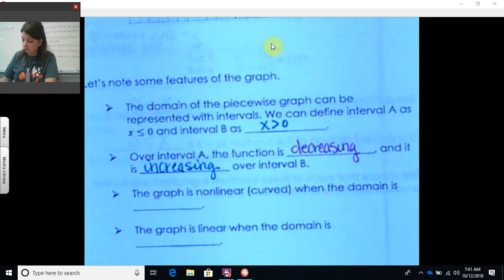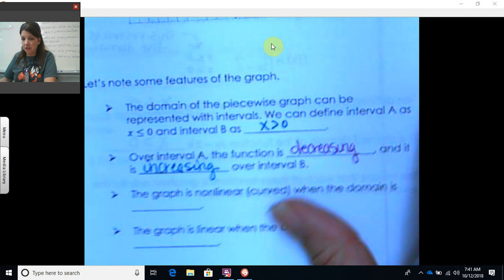Now these next two, you're like, I feel like we've already answered this 10 times, and we kind of have, maybe not 10. It's just redundant, but it's just asking you a question in a different way, okay? The graph is nonlinear or curved when the domain is. So they're saying for the curved part of the graph, so the nonlinear piece, what's the domain? Are they talking about interval A or B?